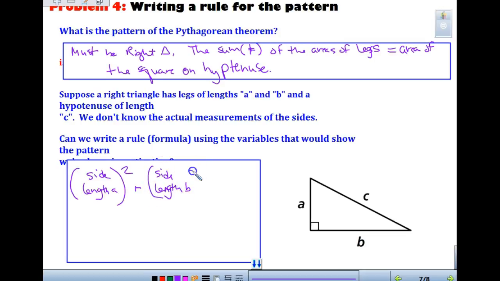B, and we're squaring it again. And it is equal to the side of our hypotenuse, which is really C, right? Squared. And this is what the Pythagorean theorem looks like. It looks like A squared plus B squared equals C squared.